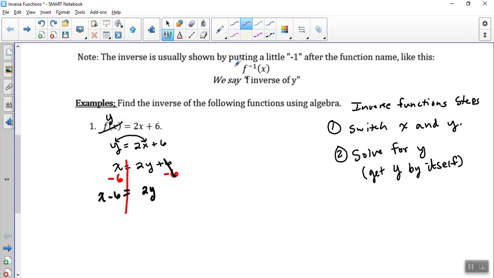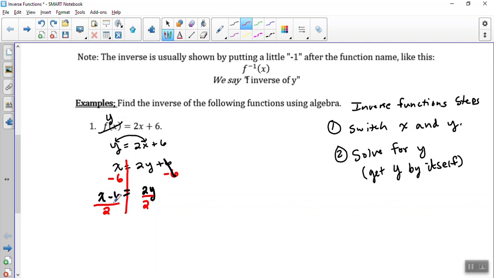My final step, to get y by itself, is to divide both sides by 2. Remember, when you're dividing both sides, you have to divide everything on the left side as well.